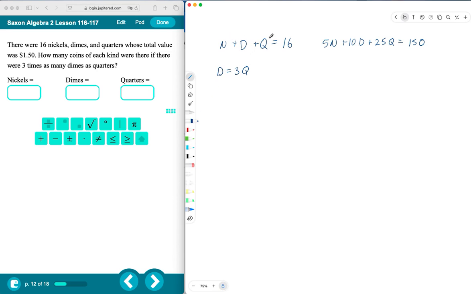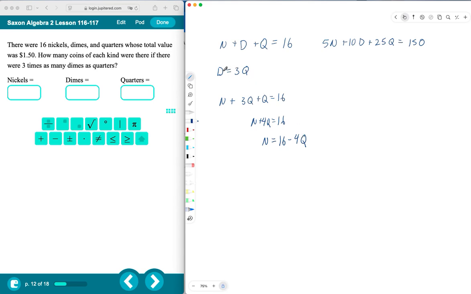I can redo this one by substituting in for dimes with the quarters. So n plus 3q plus q equals 16. n plus 4q equals 16, so n is equal to 16 minus 4q. There's my substitution value for n.